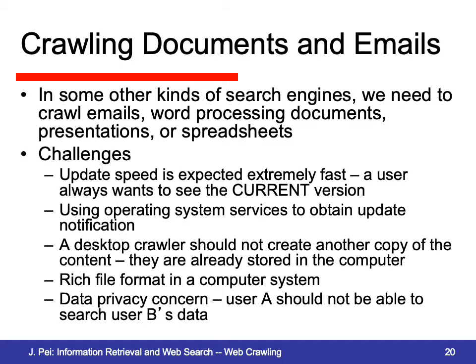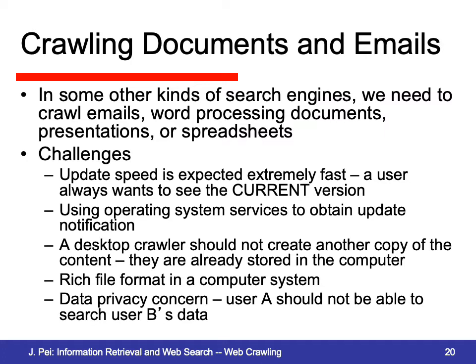In some kinds of search engines, we have to crawl not only web pages. We may need to crawl emails, word processing documents, presentations, or spreadsheets. They are a little bit different from web pages, and they may have new challenges to be crawled. First, the update speed is expected to be extremely fast.